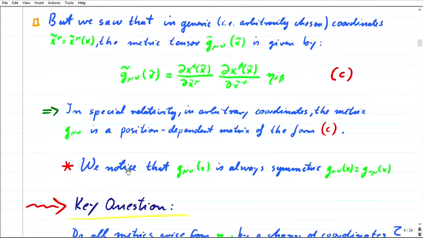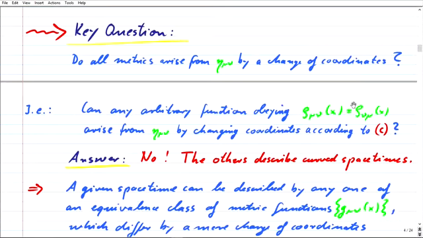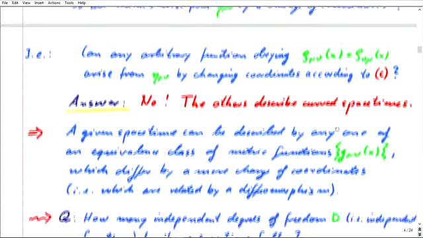So if you start with the eta here, can you generate every symmetric 4x4 matrix-valued function by choosing your coordinates appropriately? Well, the answer is no.